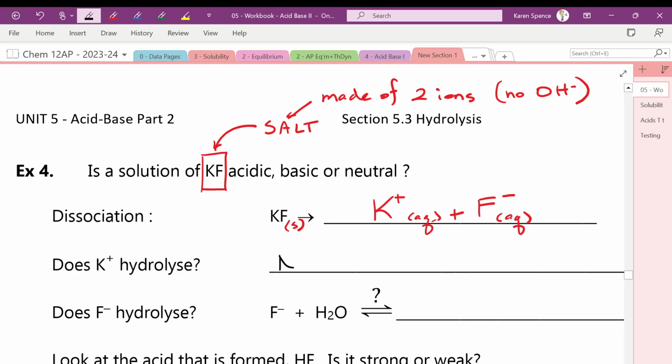No. Why not? It would make KH2 plus, and it is also not NH4 plus nor feel creepy, okay?